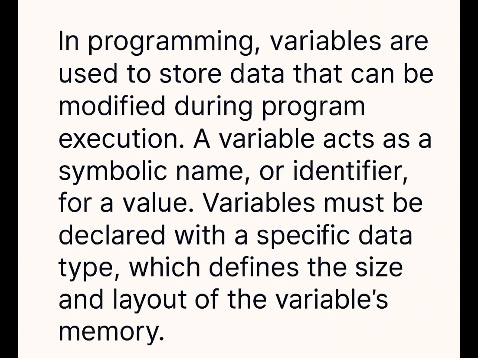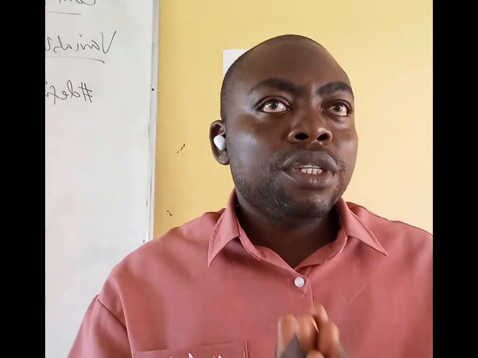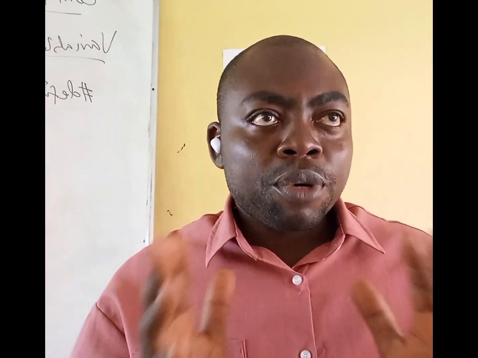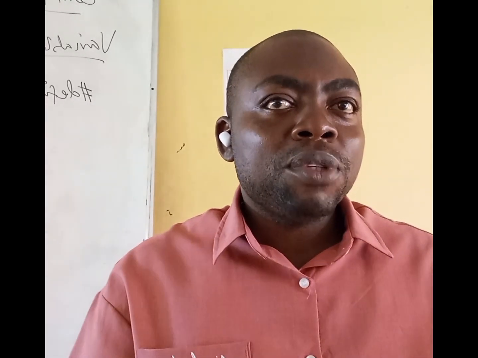You understand? Variables are like containers that will store data. So when you are storing data in a container, you need to know the type of data, so that you know what operations can be carried out upon that particular type of data.